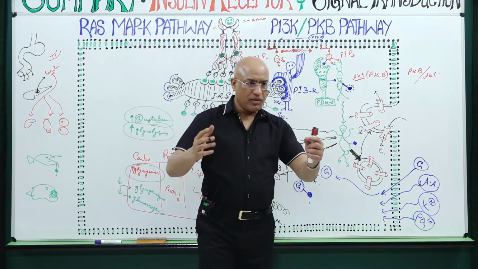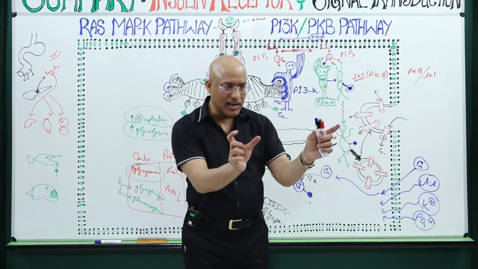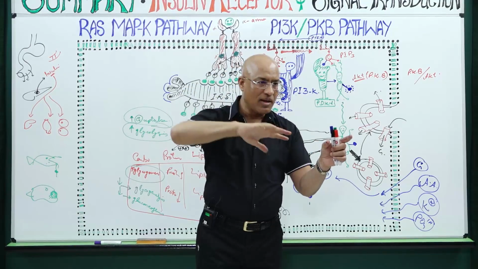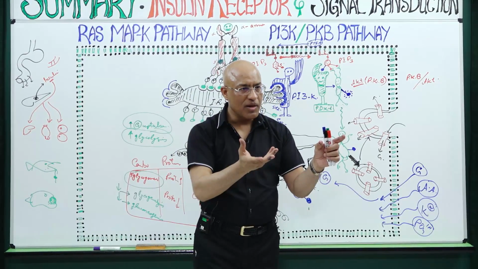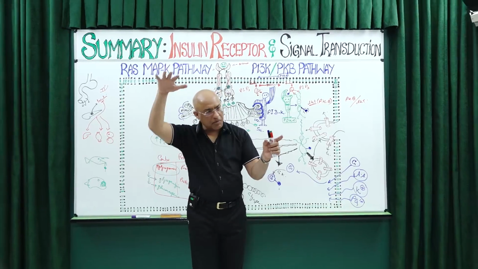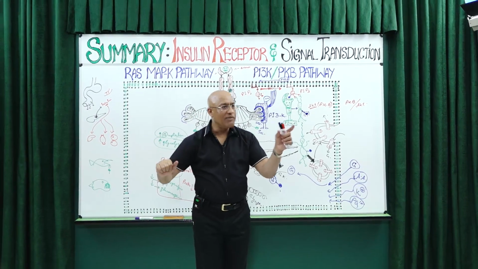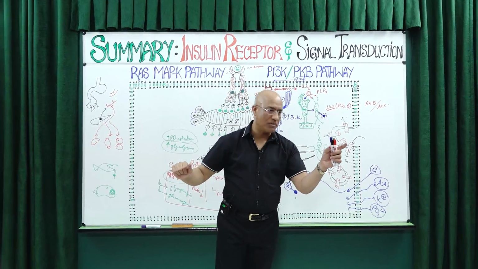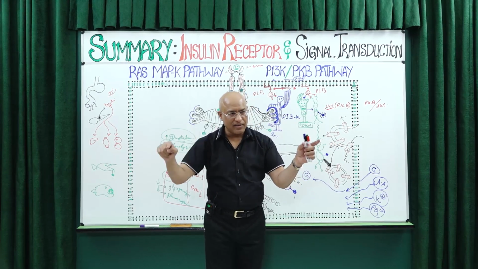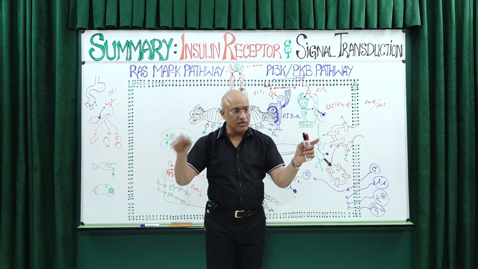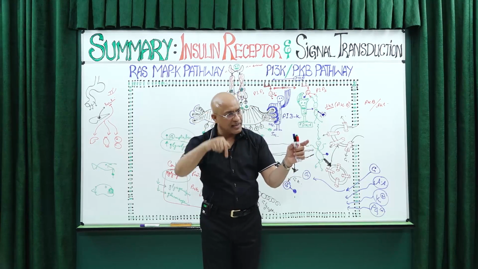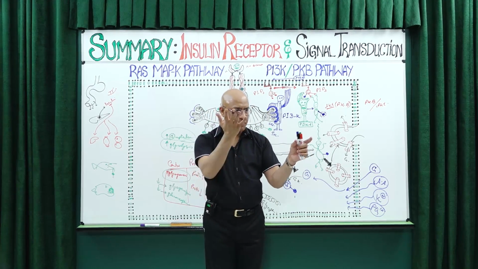Remember, if we have liver here, muscle here and adipose tissue here, and we add insulin to all of them, muscle membranes become more permeable to glucose, adipocyte membranes become more permeable to glucose. Liver membranes are always permeable to glucose. It means permeability to glucose in muscles and adipocytes is insulin dependent because they have a special type of GLUT4 inside the cells which will float on the membrane.